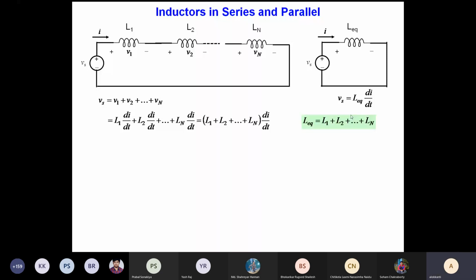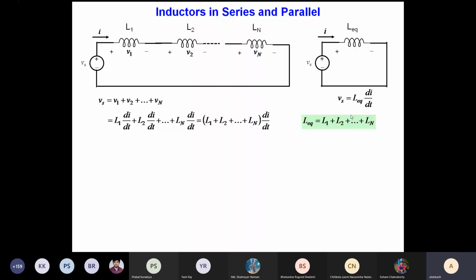So inductors in series basically means the equivalent inductor is just the addition of those inductance values. We are making the assumption, as somebody asked about mutual inductance, that I am not going to use those words in this class because it is not in the curriculum. We have only considered the self inductances, and they add.